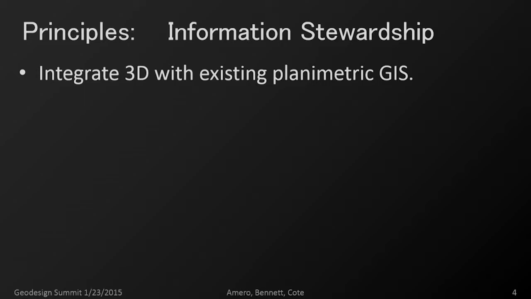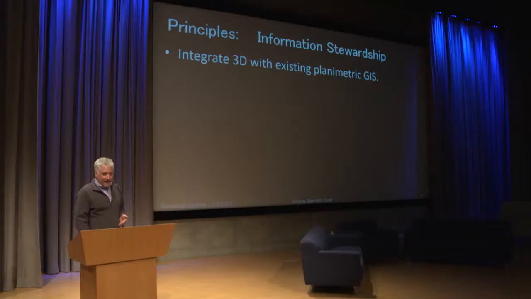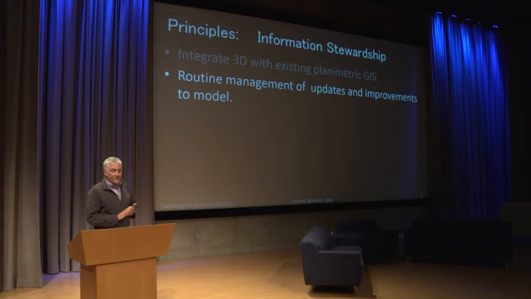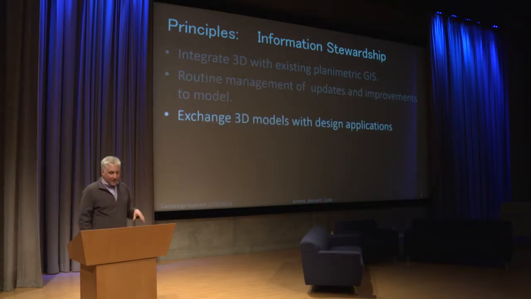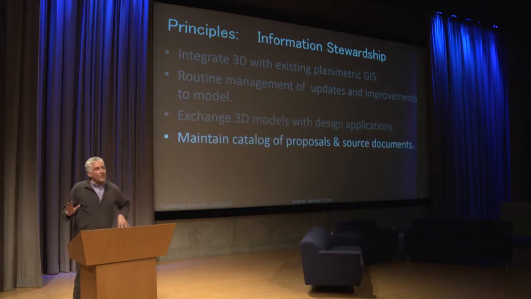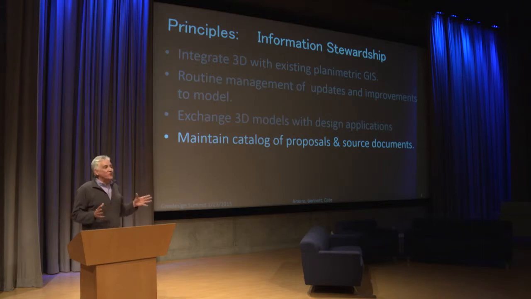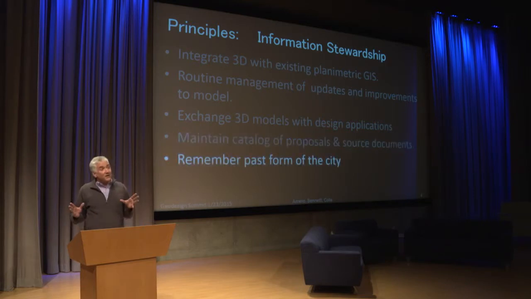We're starting with the existing GIS planimetric data, and we're building that out with 3D information so that the municipal GIS stewards can routinely update and improve this model by exchanging 3D models with architects, developers, and designers within the city, and doing so in a way that we maintain a catalog of design proposals, both approved and those proposals that weren't approved, and we can also remember the past form of the city.